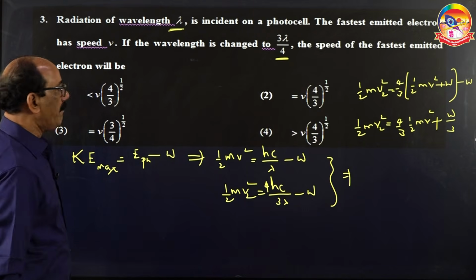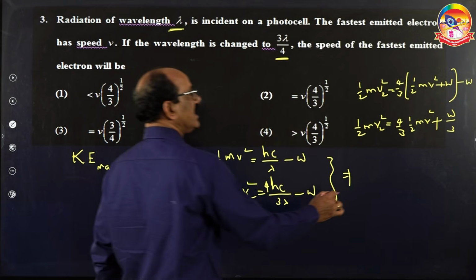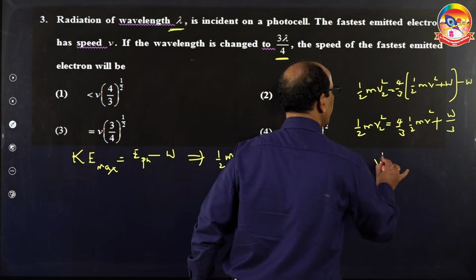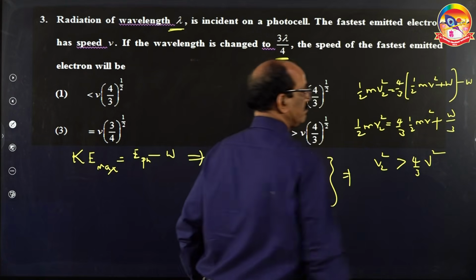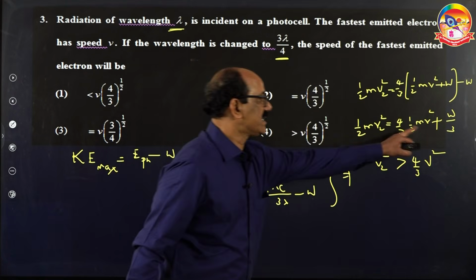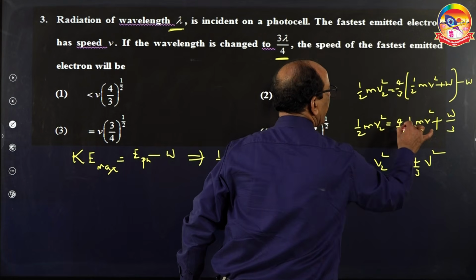If you compare these two, v2 and v, clearly we can understand that v2 square is greater than 4 by 3 times v square, because we have added something to the factor 4 by 3 times half mv square.